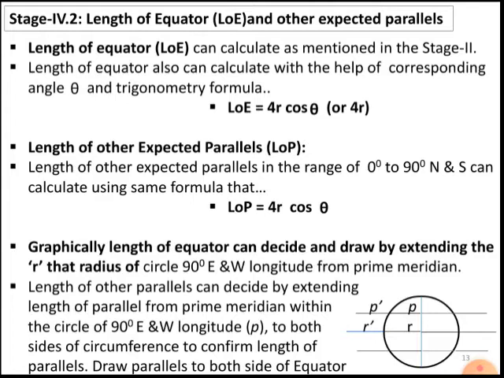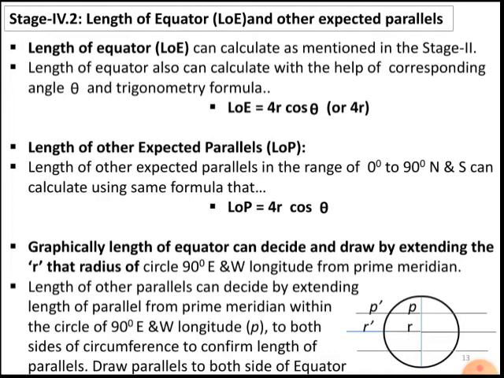So how can we find the length of the equator using the trigonometrical function? First of all, you must know that the length of the equator is 4r. Using the trigonometrical function, the length of the equator is equal to 4r cos theta.